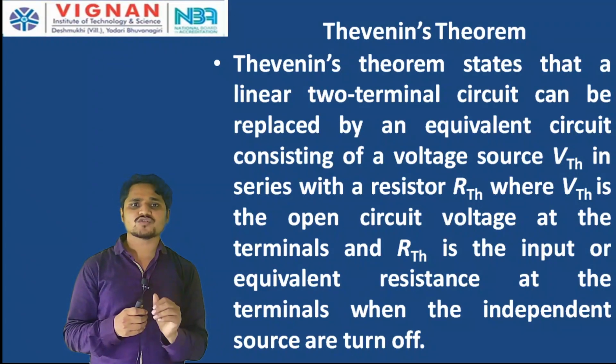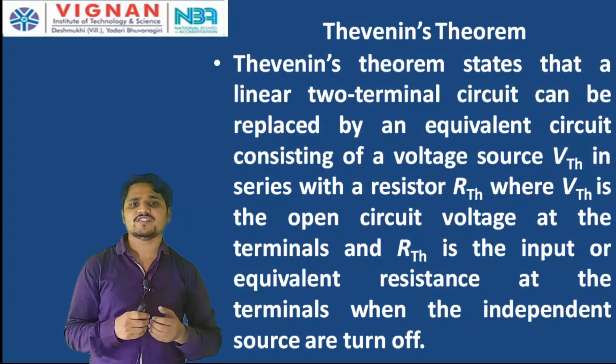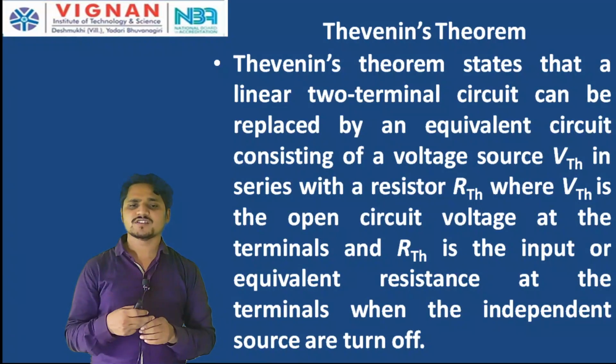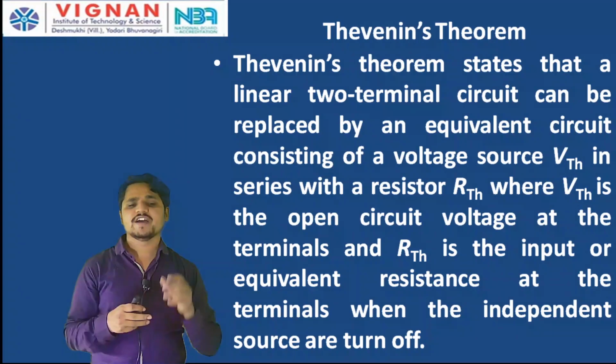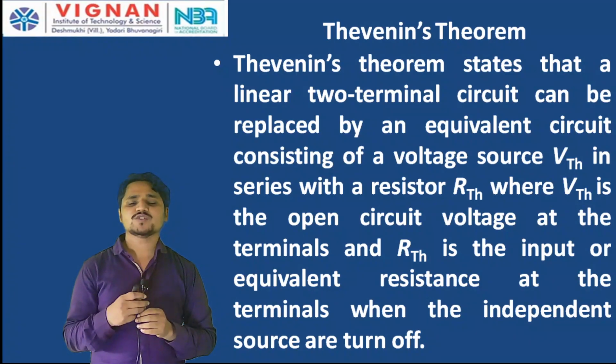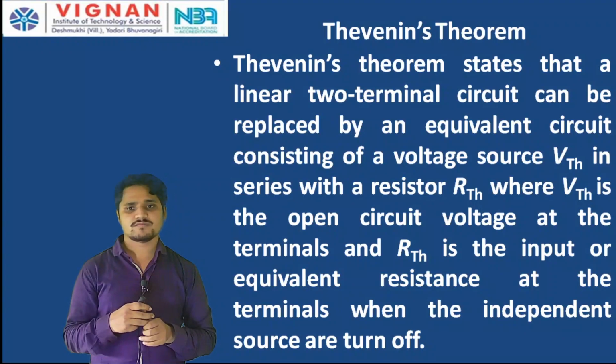That voltage source, having the voltage called V Thevenin, is nothing but the open circuit voltage across the terminals, and the resistance we call R Thevenin, the equivalent resistance seen from these open circuit terminals. So, this is the Thevenin's theorem statement.